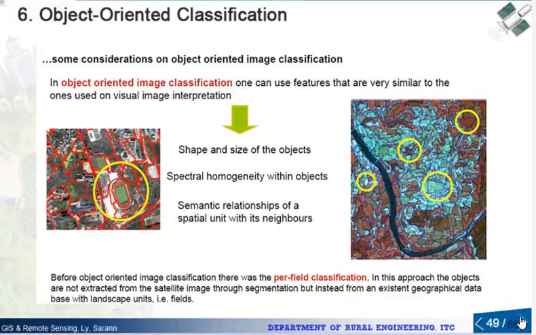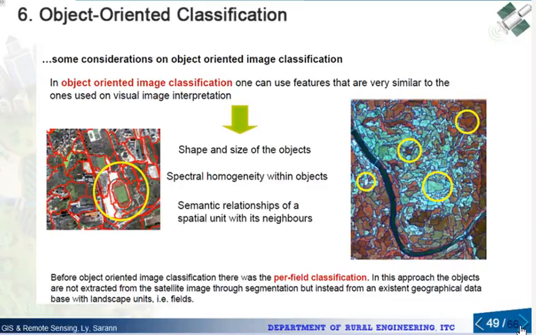There are some considerations on object-oriented image classification. In object-oriented image classification, one can use features that are very similar to the ones used in visual image interpretation. So we need to use the shape and size of the object, the spectral homogeneity within the object, and the semantic relationship of the spatial unit with its neighbors. Before object-oriented image classification, there was pre-field classification.